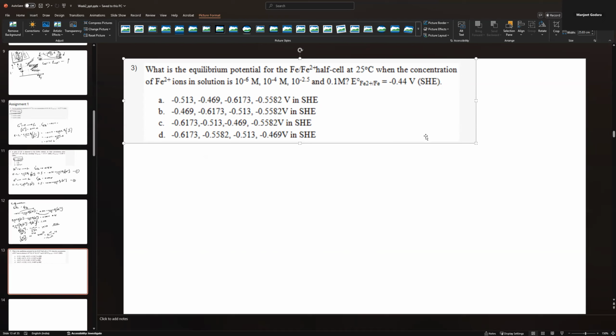You're given the reduction potential of Fe and Fe2+. I'll solve one or two of these.